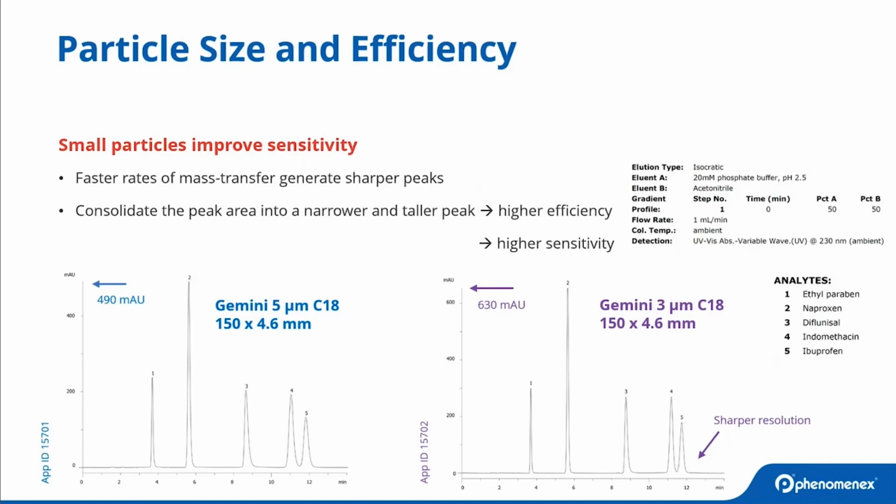We also see sharper resolution between peaks 4 and 5 when using the 3-micron particle size. Keep in mind that retention times are the same. That is because we are using the same particle morphology, which is to say, in both instances, we are using Gemini C18, but we see sharper peaks as a result of using the smaller particle size.